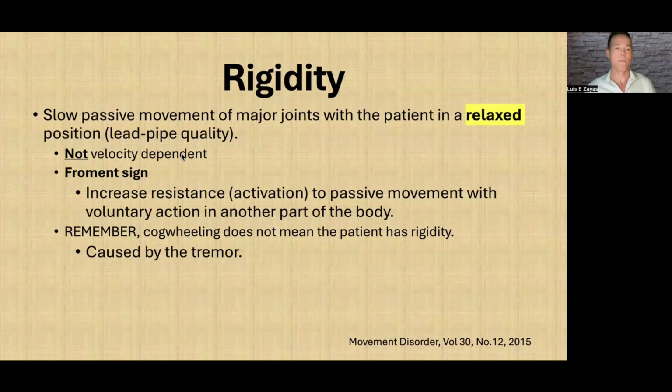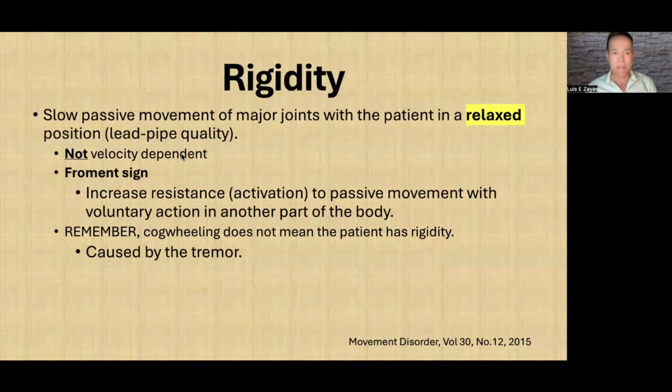When you move, and you will see the video, I usually start distally and then go up by joint. So I go to the shoulder, then the elbow, and then the wrist. Not just the elbow. You have to have rigidity in all these joints in order to call it.